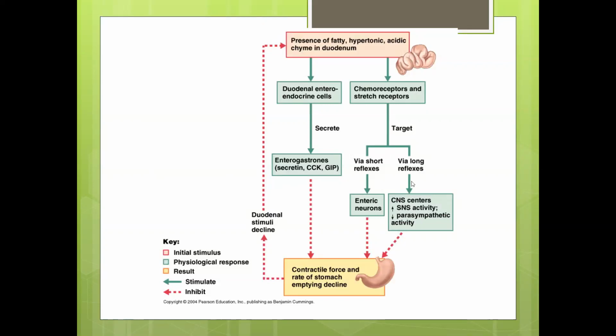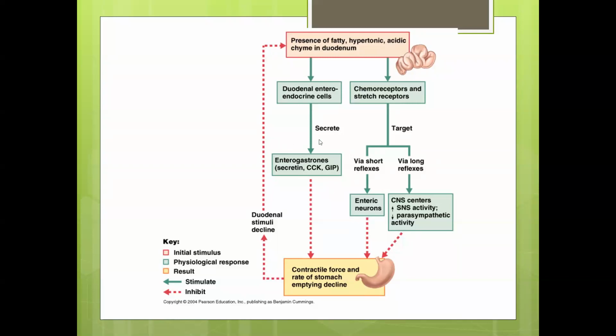That's going to be through those long reflexes. We're going to go up to the medulla. But then with the short reflexes, we're going to stop those enteric neurons in the stomach to keep the material, because it's not food anymore, that's already gone into the duodenum, from contracting now.